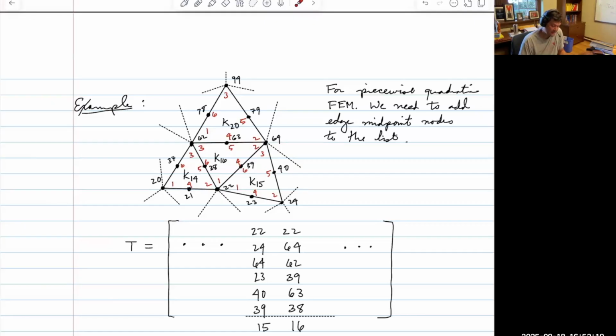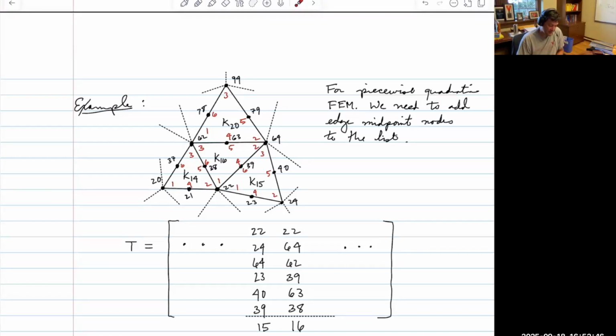But usually they're different. Usually it's something like this: global degree of freedom 39 is 4 over here, and it's 6 over here. So how a global node number is numbered locally depends upon the convention that we choose for the mesh that we construct at the very beginning.